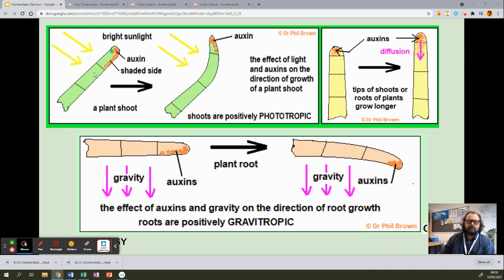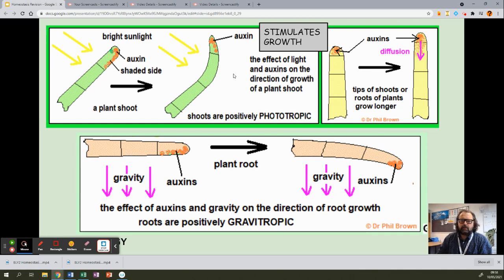Okay, in this case, notice that the auxin is in a greater concentration on the shady side here of the shoot, and the auxin stimulates growth, and that means that the plant will bend towards the light. So shoots are positively phototropic. The auxin makes that side of the shoot in the dark grow faster, and therefore the shoot bends towards the light.